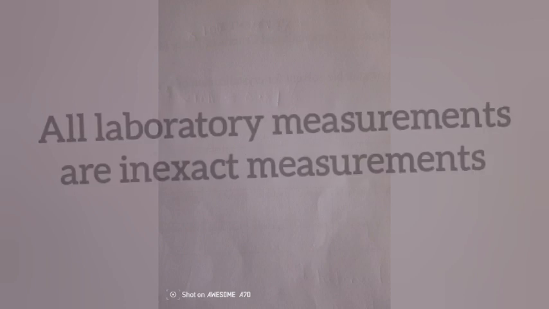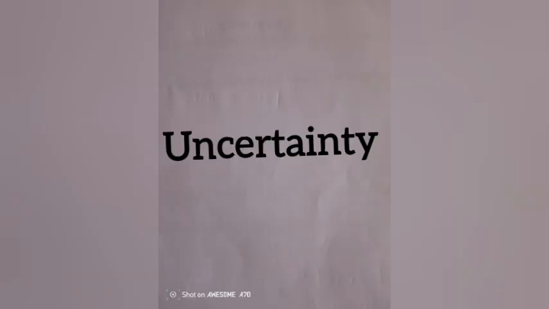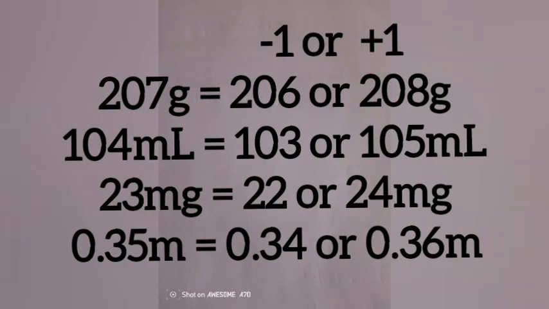All laboratory measurements are non-exact measurements, or you can call them inexact measurements. So the numbers are associated with some uncertainty, and the last digit is always uncertain, which I have earlier explained.